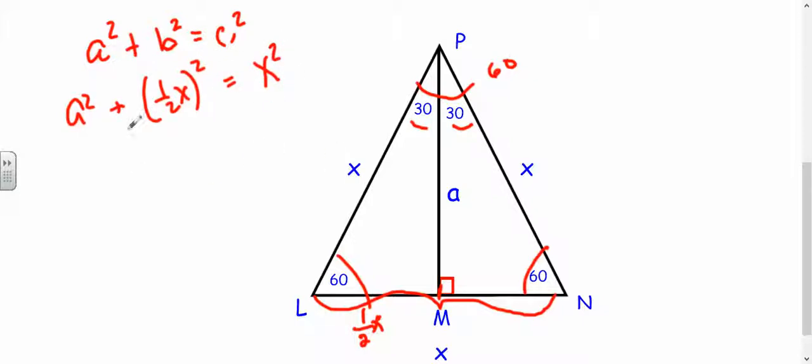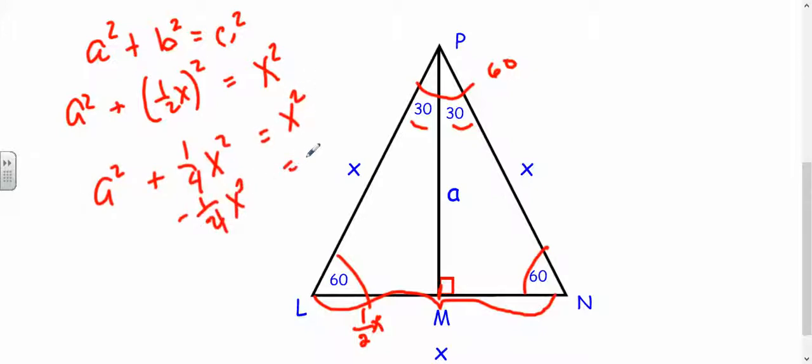All right? So if you would do this, you would combine your terms. You have a squared plus 1/4 x squared, because 1/2 times 1/2 is 1/4. And so you would have to subtract this, okay? That would give us 3/4 x squared equals a squared. All right?